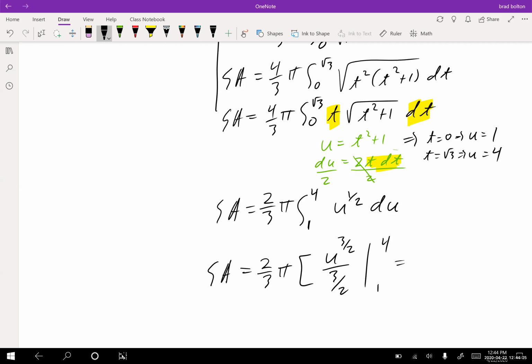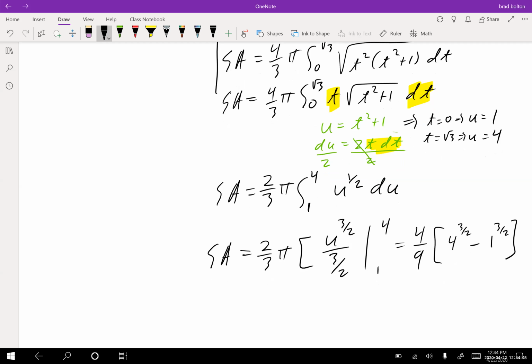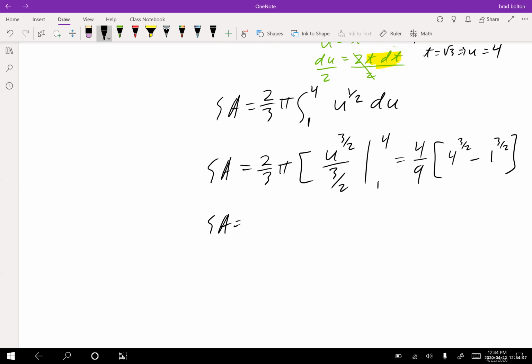So that 3/2 is the same as multiplying by 2/3. So this is going to become 4/9 times u to the 3/2. I'm sorry, 4 to the 3/2 minus 1 to the 3/2. Okay, so surface area equals, oops, and I forgot the pi. Sorry about that.